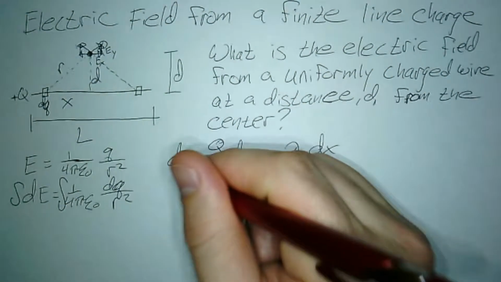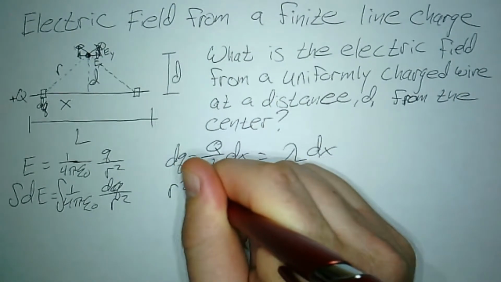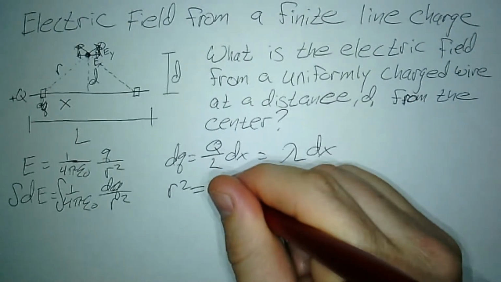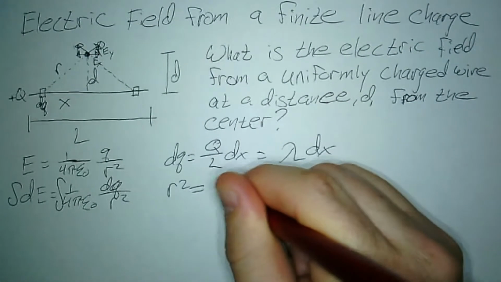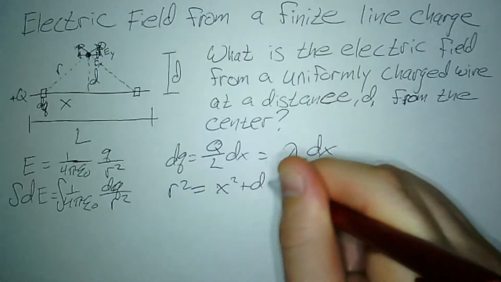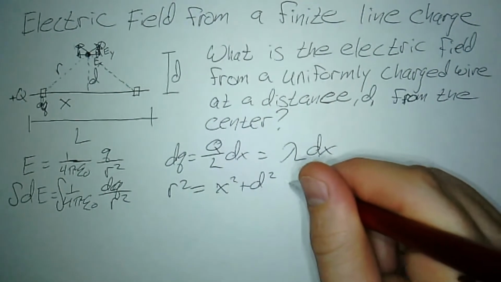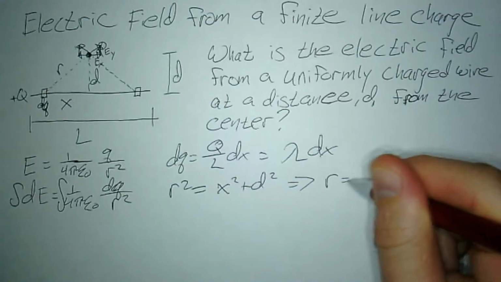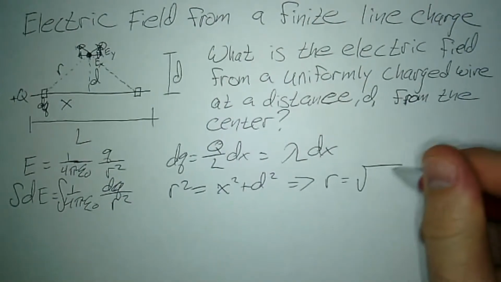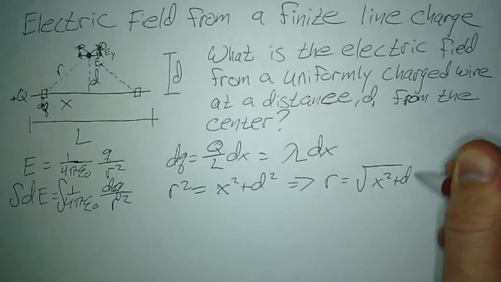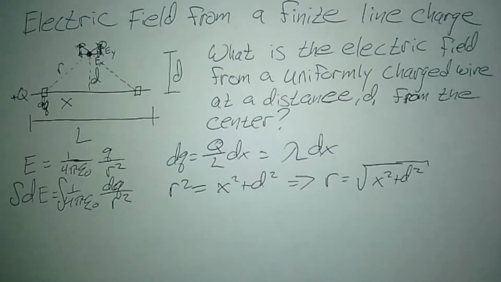So I should know then that r squared is going to equal x squared plus d squared, right? Which also tells me that r is equal to the square root of x squared plus d squared, if we need to write that down.